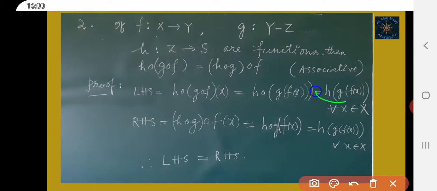Now you see the result. They are equal. So LHS is equal to RHS. So associative.